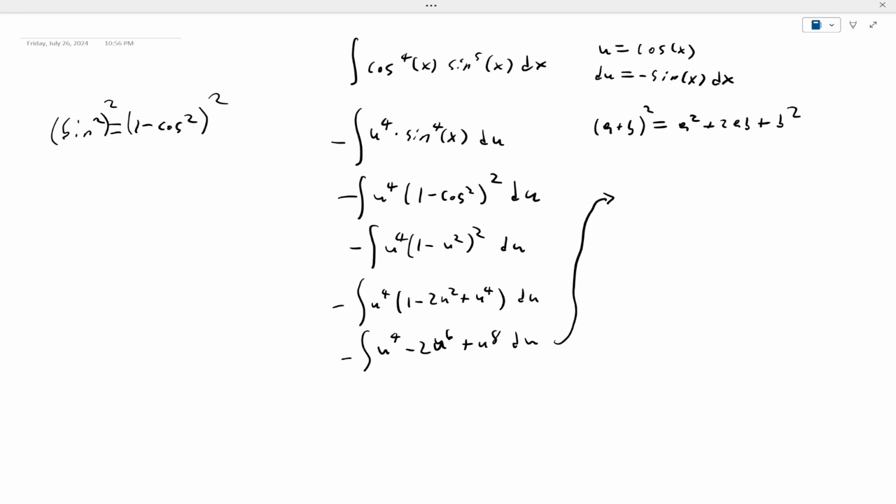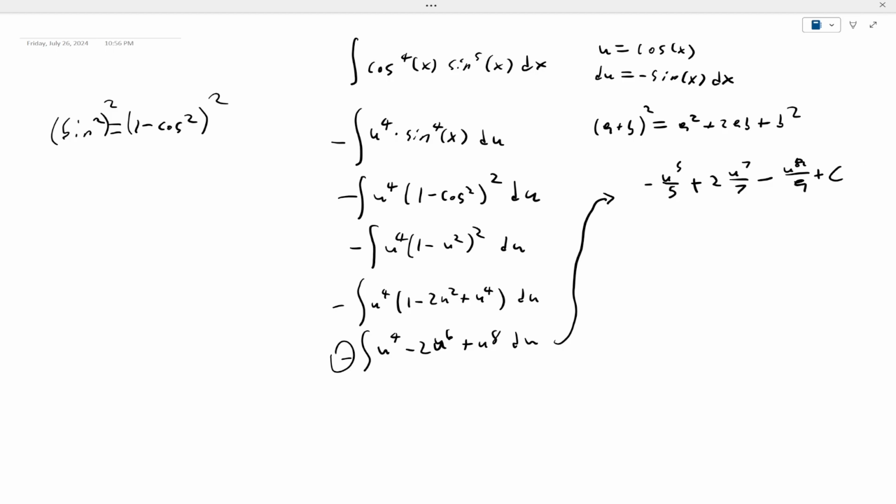Let's bring this up here. And our antiderivatives will be u to the fifth over 5, minus 2 u to the 7 over 7, and then plus u to the 9 over 9. And then we have the negative, so we multiply by the negative, plus this becomes a negative, and our plus c.